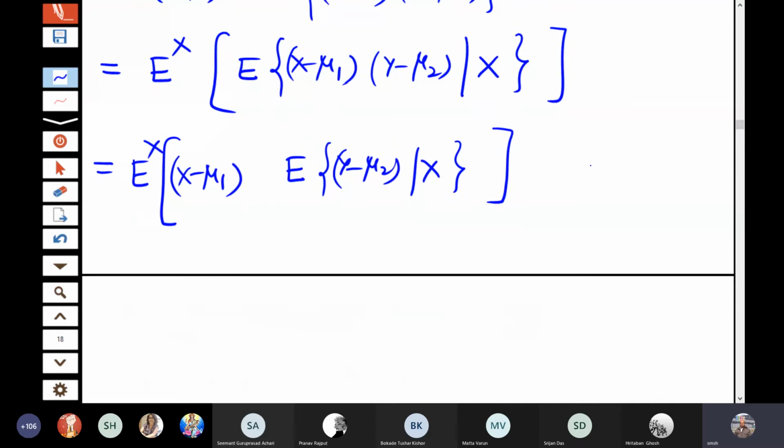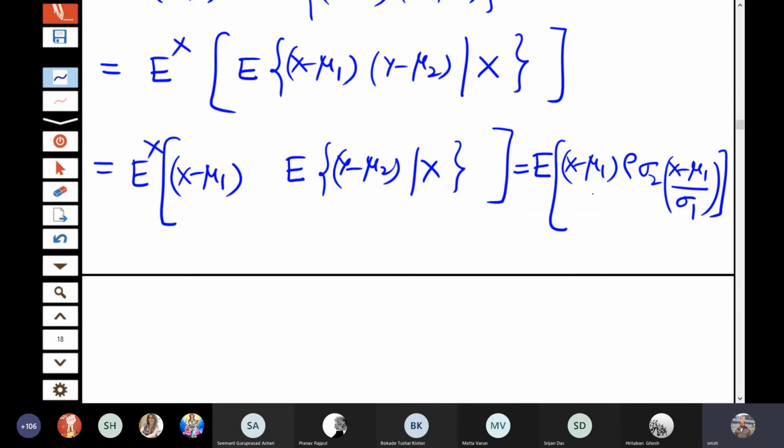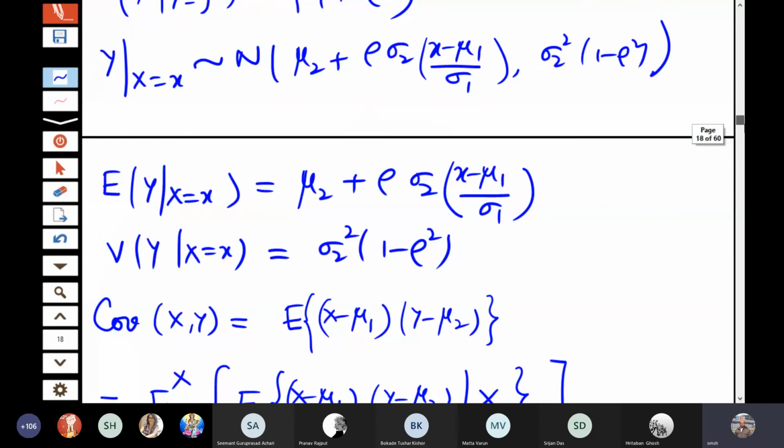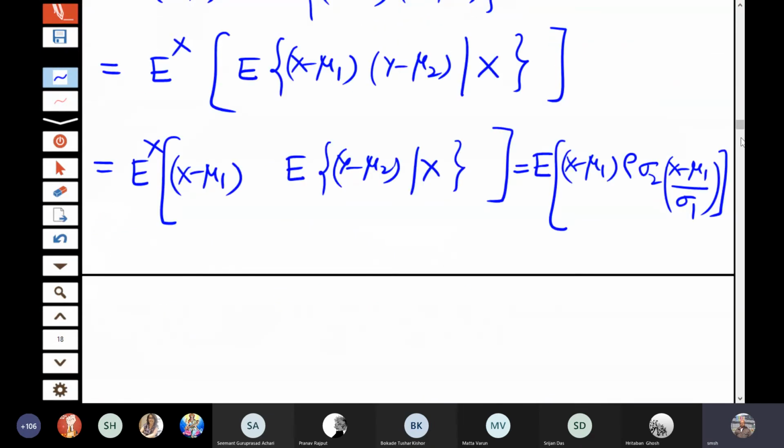So it is nothing but expectation of x minus mu1 into rho sigma 2 times x minus mu1 by sigma 1. Is that okay? I have written that term here.